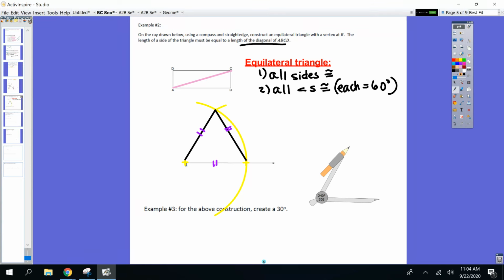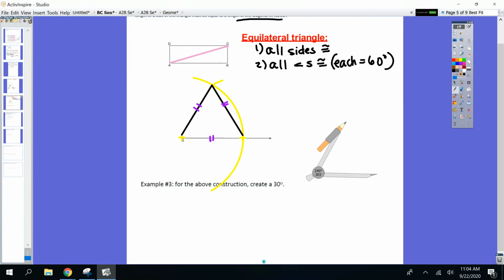Okay. All right, next, leave your construction because we're going to still work on that. Can you get me a 30-degree angle now? Can we do a 30-degree angle on that triangle? Well, this is why I did this with you. What is each angle measure now? They're all congruent. They add to 180. Each angle is 60, right?